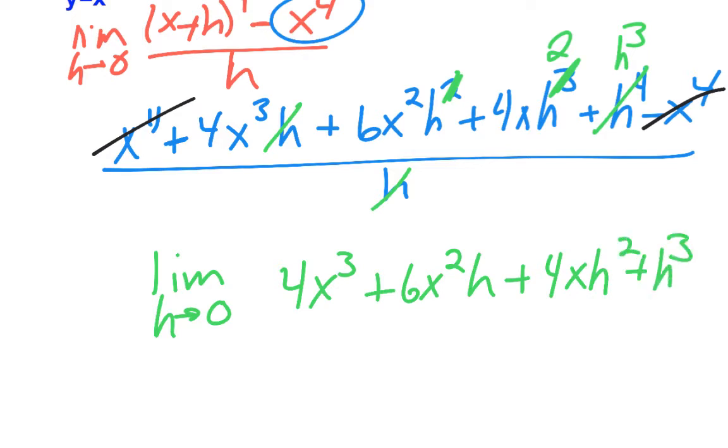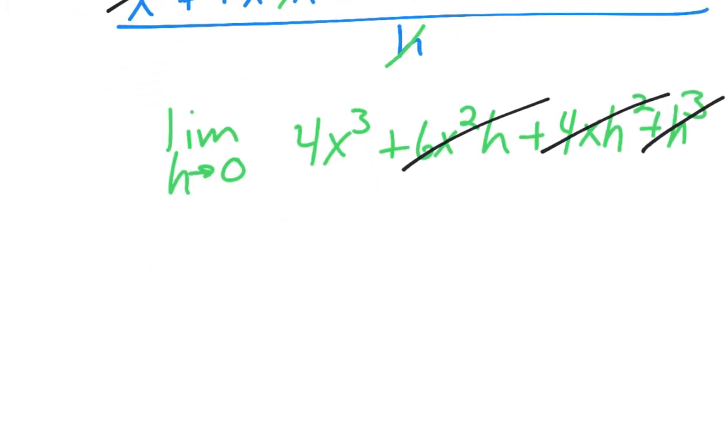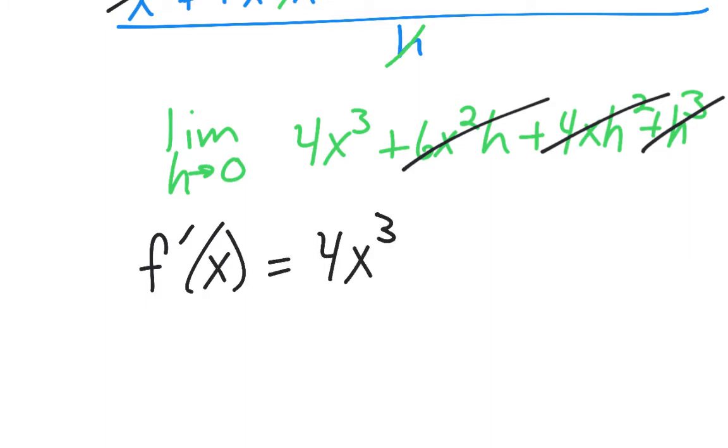But the terms with the h cancel out because it's the limit as h goes to 0. And I am left with my derivative being equal to 4x cubed. Again, it started out as x to the fourth. See what happened? The exponent moved to the front.